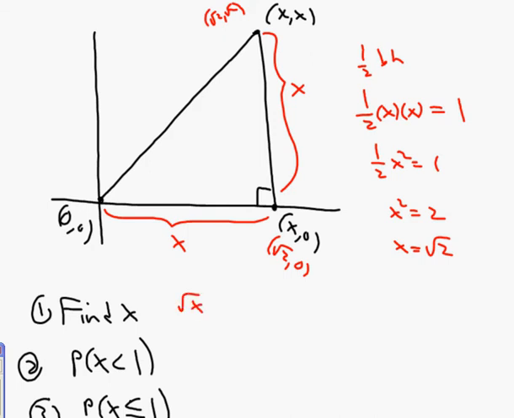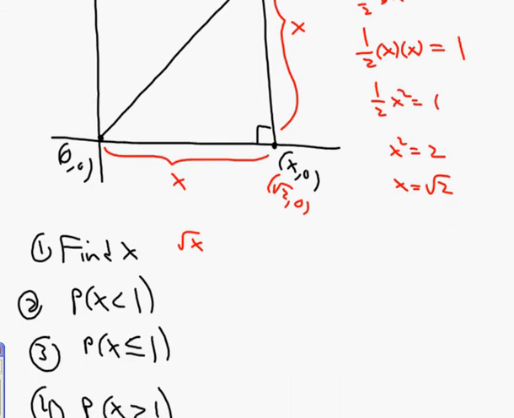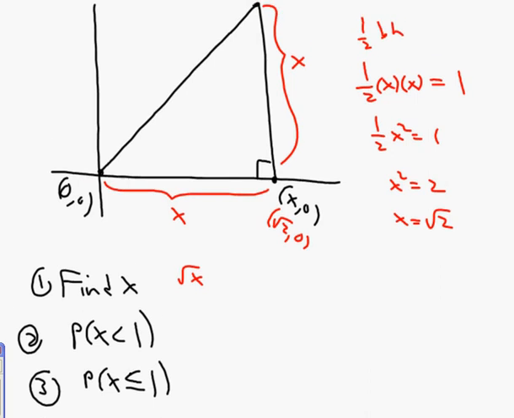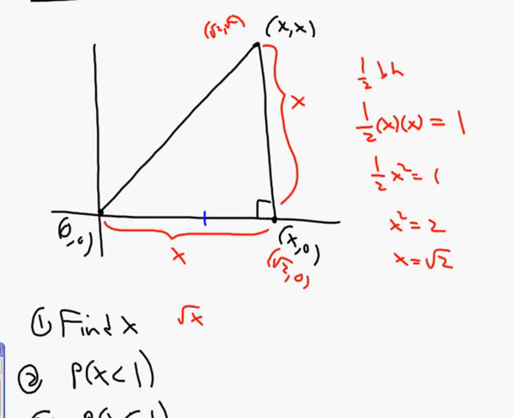It's rad 2. Let's talk about the probability that x is less than 1. Yesterday we discussed that if you want to find probabilities using density curves, it really just turns into an area problem. Do you remember that yesterday? So if you want the probability that x is less than 1, all you do is find 1 on the x-axis, draw a dotted line up, and we want the area that's less than 1. That's all you have to do.